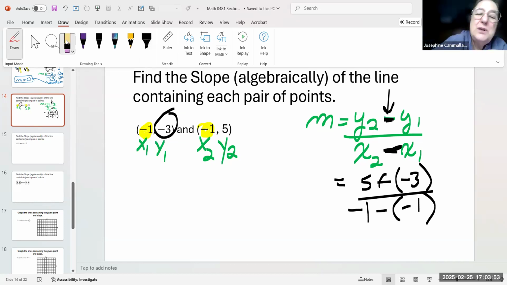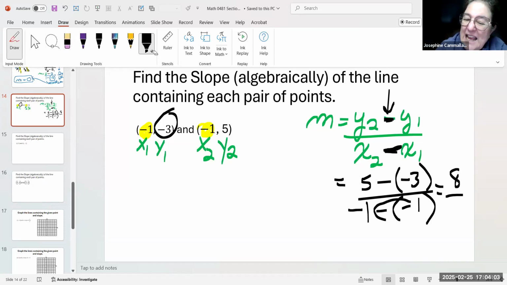Now, notice what happens. The numerator is going to give me a +8, but a -1 plus 1 is 0. This is my vertical line.